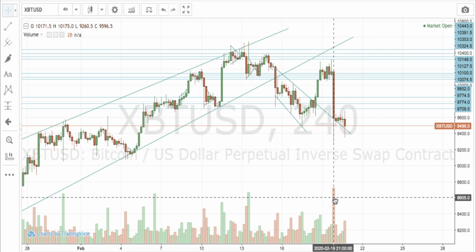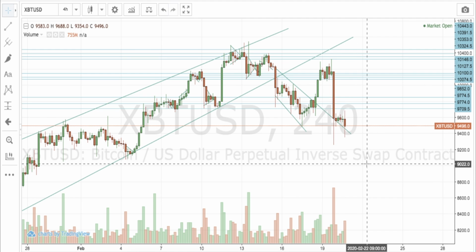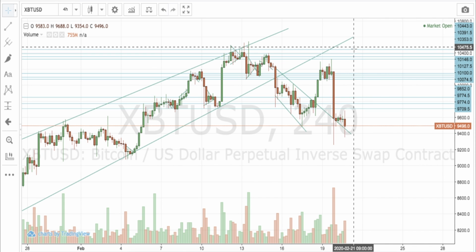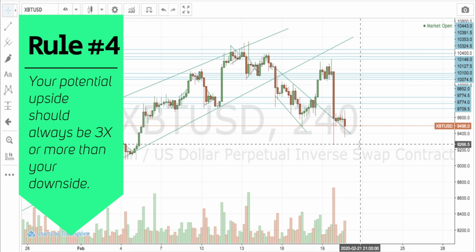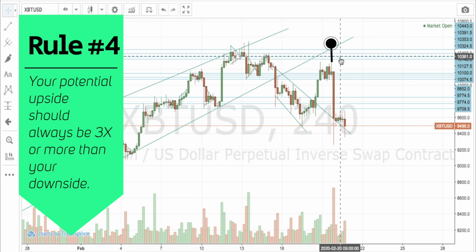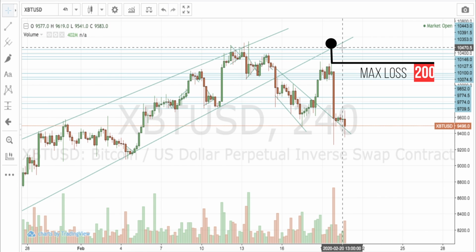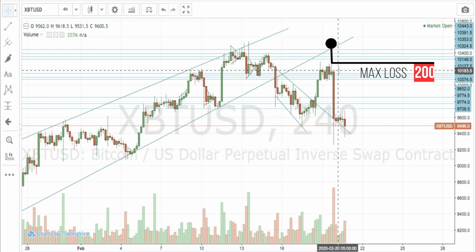Whatever the case, you need to make sure that you have a good reason to believe that, and that your upside, which in the case of a short is on the downside, is a significant multiple of what you're risking. So if you're risking 200, you want to make sure that your profit can be at least, let's say, 600, 800, 1,000.